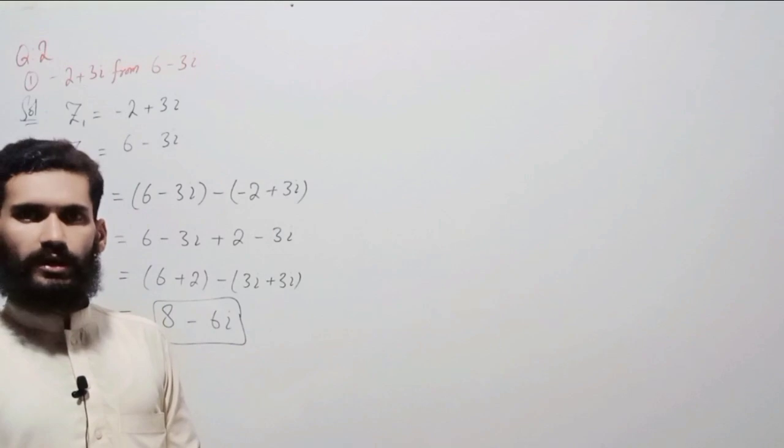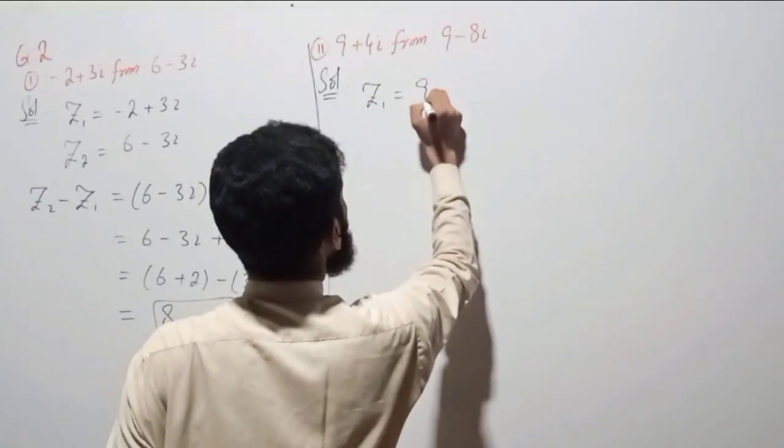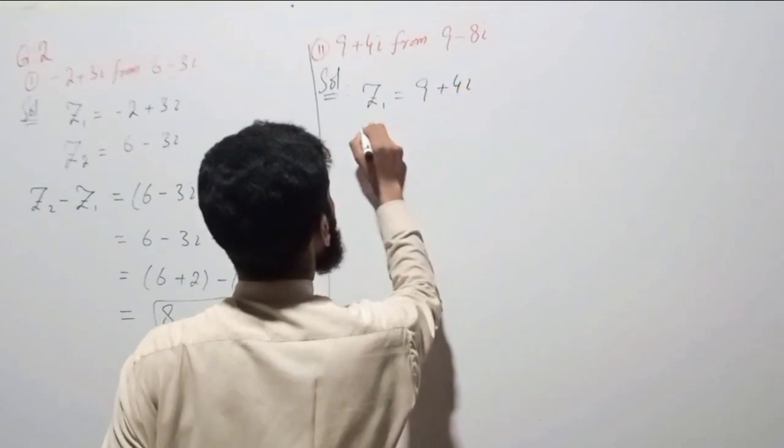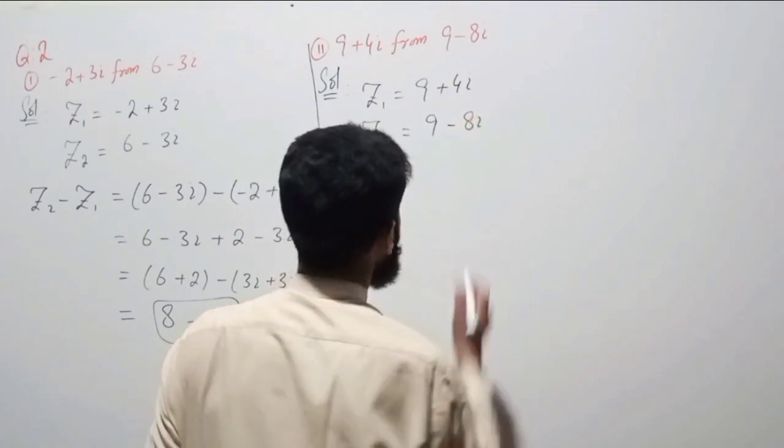That is the part 1 result. Now the part 2 set: z1 is equal to 9 plus 4 iota, z2 is equal to 9 minus 8 iota.